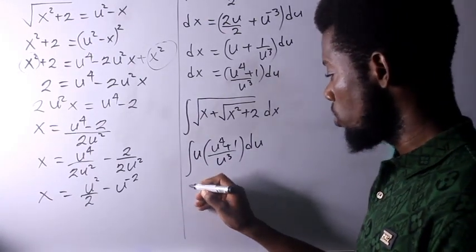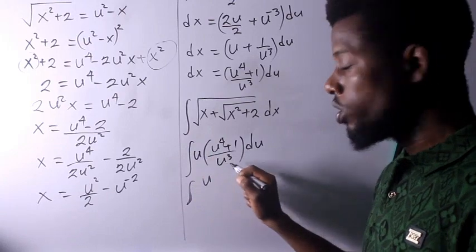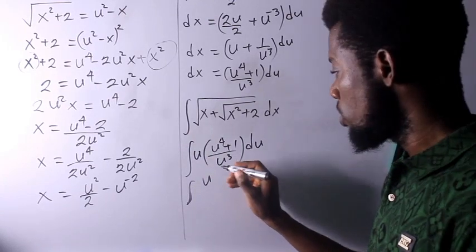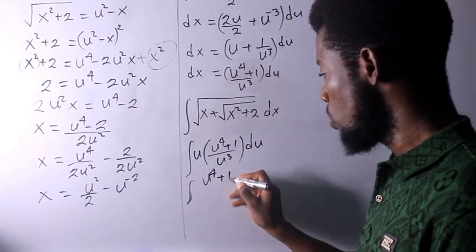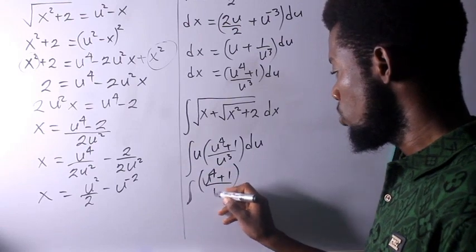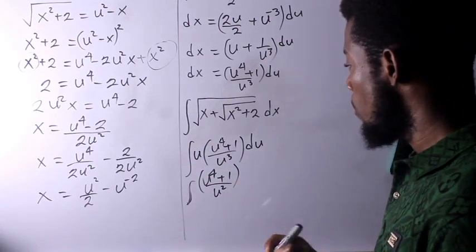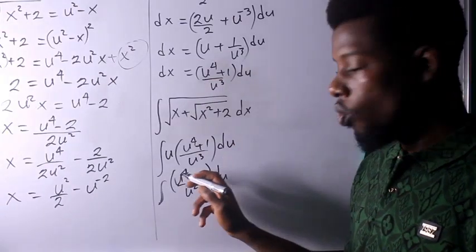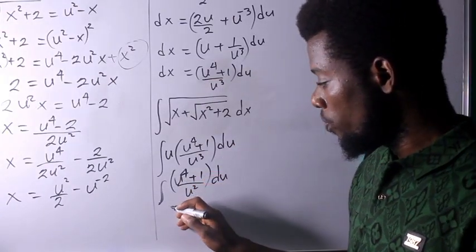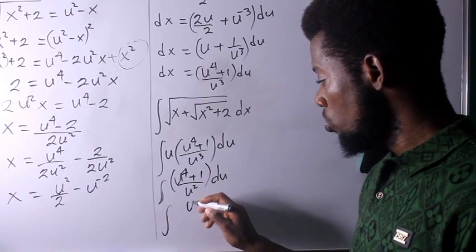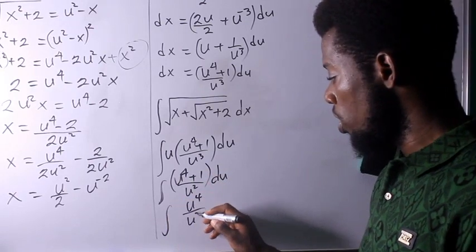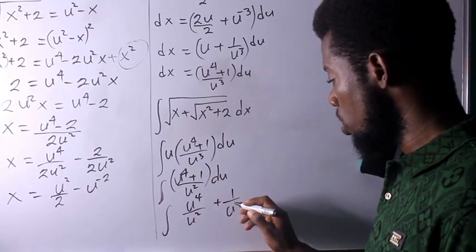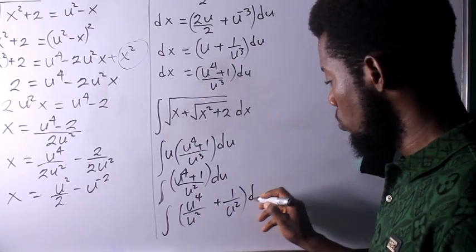Simplifying, we have the integral of, so u goes into u cubed, it goes u squared times. So this is u to the 4th plus 1, all divided by u squared, and then a du. Giving each one of the numerator its own denominator, we have the integral of u to the 4th over u squared plus 1 over u squared, and then a du.